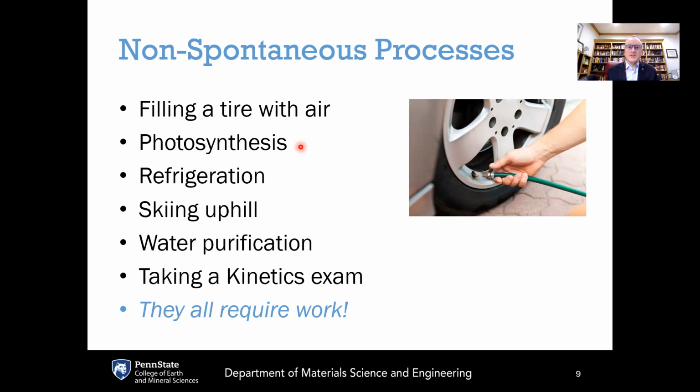Photosynthesis is a non-spontaneous process that plants perform to convert solar energy into chemical energy. Refrigeration is another very common example of a non-spontaneous process that requires work in order to maintain a temperature difference between the colder environment within the refrigerator and the warmer environment outside.